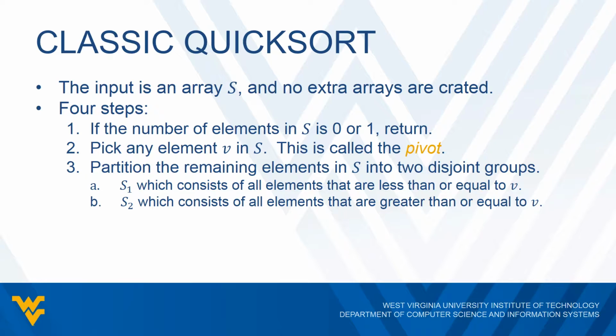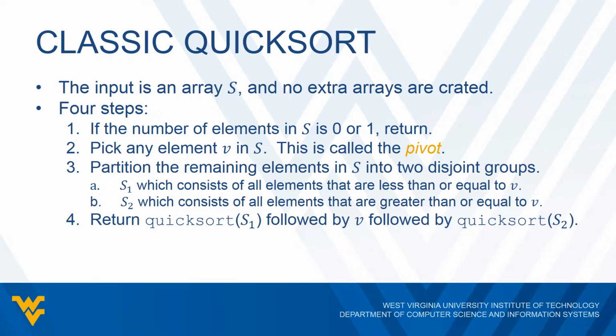Once we've done this partitioning, the last step is we're going to compute quicksort for both S1 and S2. So our output is going to be the result of doing quicksort on S1, then followed by v, the pivot, then followed by the result of doing quicksort on S2. And that should, not just should, but it will give us a sorted array.